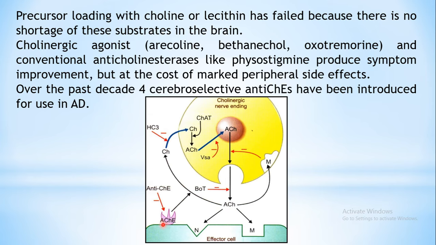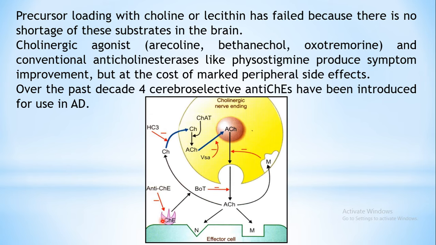This AChE, or acetylcholinesterase, is found in the cleft. Once the function of ACH is over, this enzyme will quickly act on this ACH and hydrolyze it. This is the process of hydrolysis. Your ACH will get bound to this enzyme, the enzyme will get acetylated, and it will be hydrolyzed.